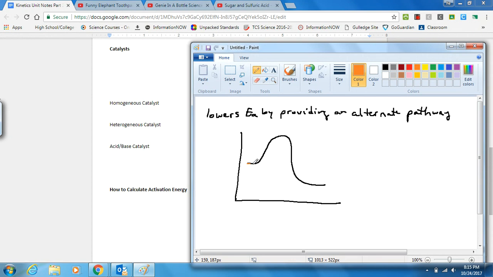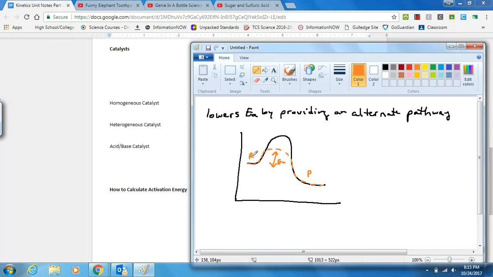My catalyzed reaction starts at the same energy as my reactants and ends at the same energy as my products, but it lowers the activation energy. You see now my activation energy had to go to the peak up here, but now it only has to go to the peak there.